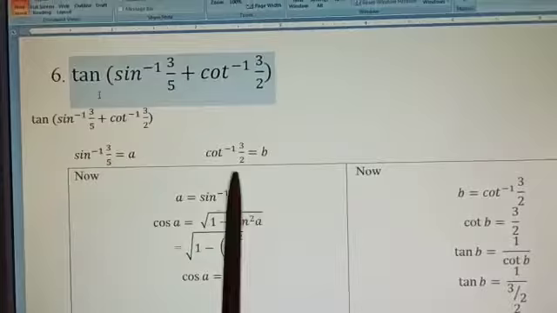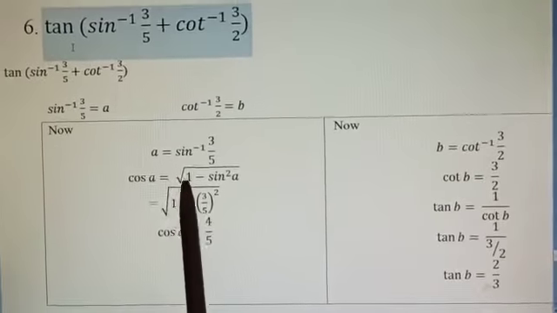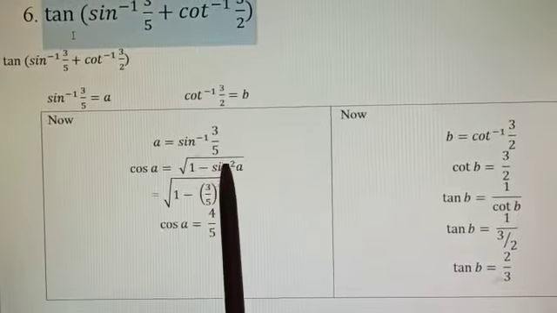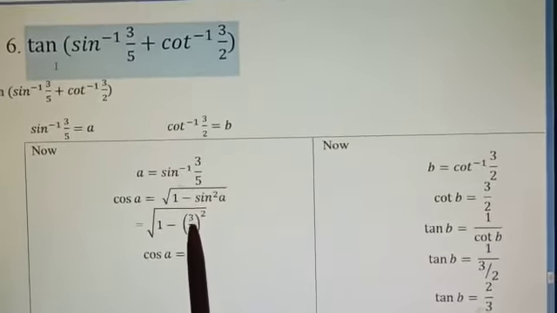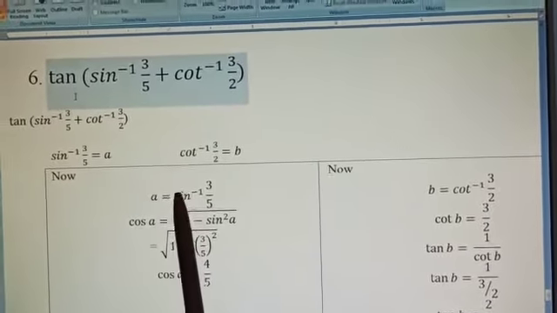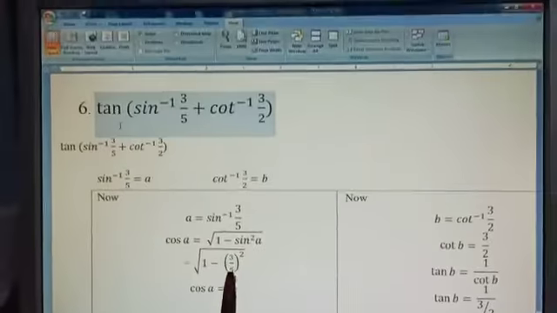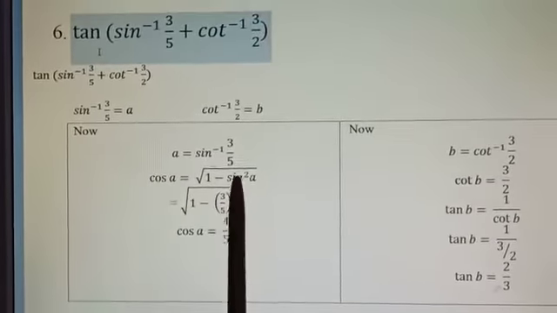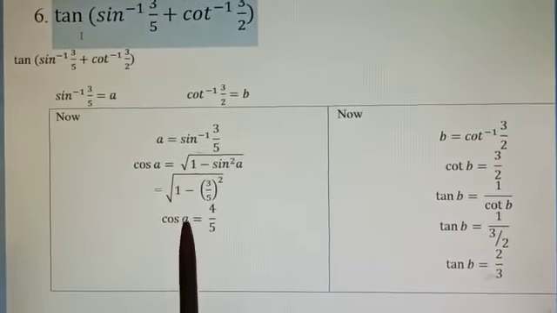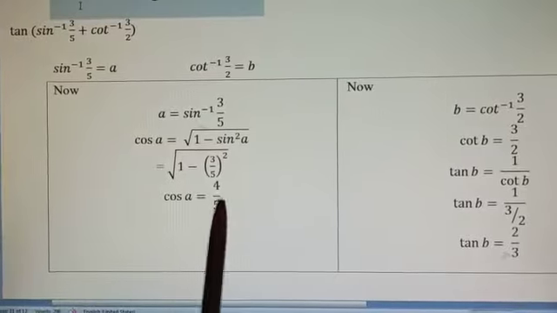Therefore, cos A is root of 1 minus sine square A. Sine A is 3 by 5, so we put 3 by 5 whole square. On simplification you will get cos A equals 4 by 5.